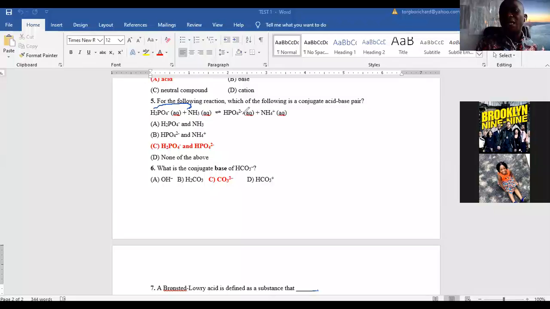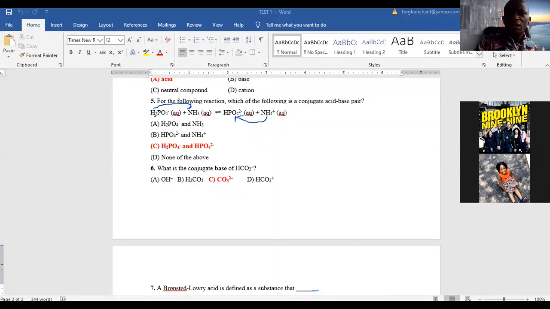Now, at the other side, if you look at the reverse reaction, where the products are now reactants, the reaction is moving from right to left. If you look at it that way, it is obvious that this time it is the ammonium which is donating a proton back to the hydrogen phosphate ion.